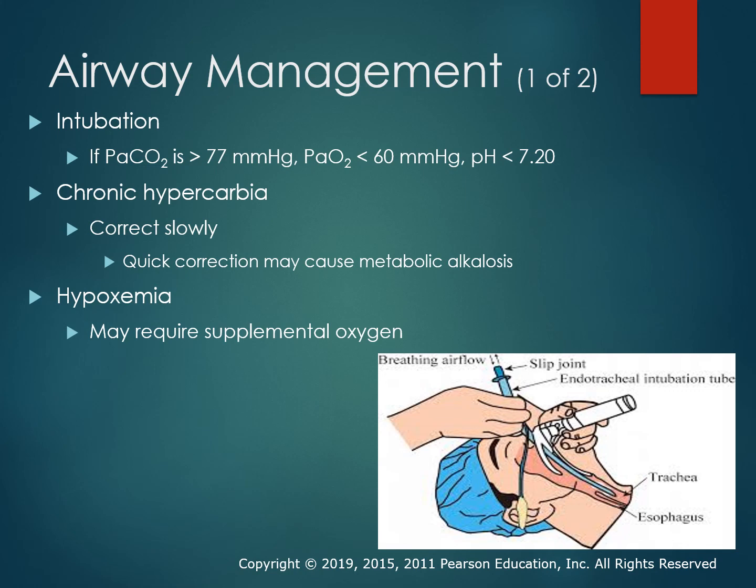And then the last part of this chapter, airway management. Patients experiencing respiratory distress may require intubation. Although there is no specific rule for when to intubate, generally intubation is indicated if the patient has a PaCO2 greater than 77, a PaO2 less than 60, and a pH less than 7.20.